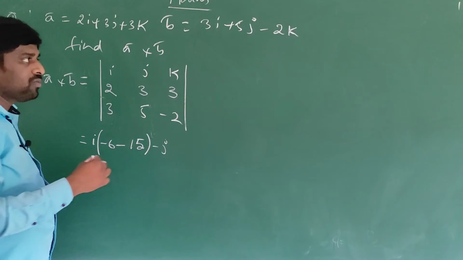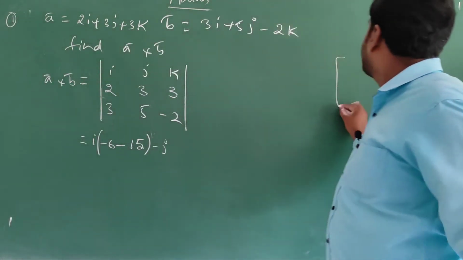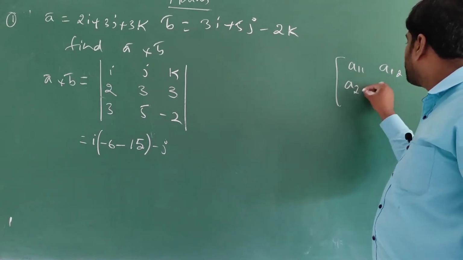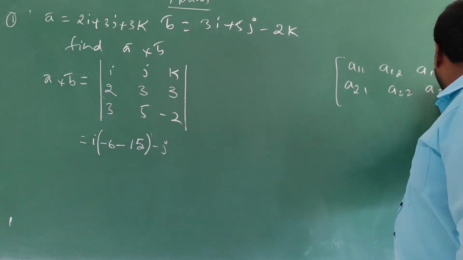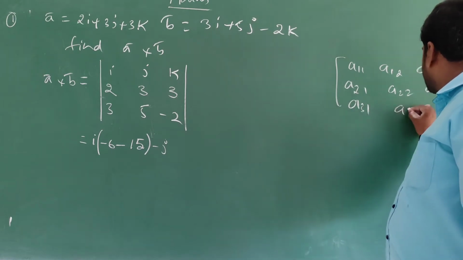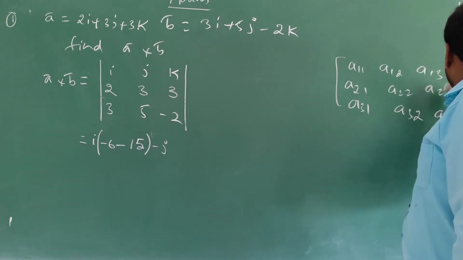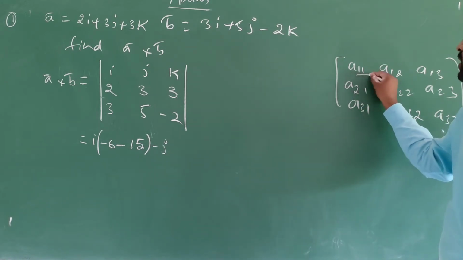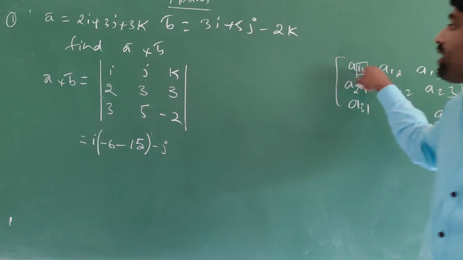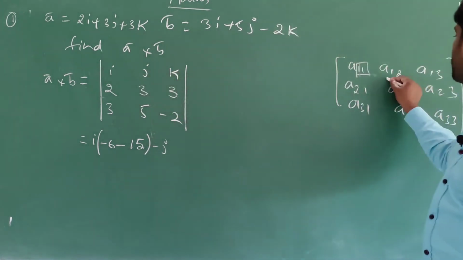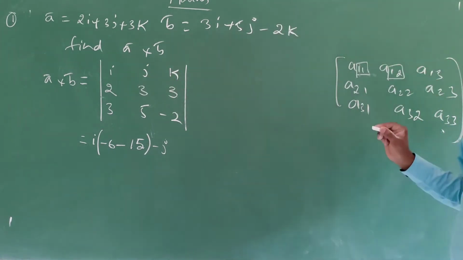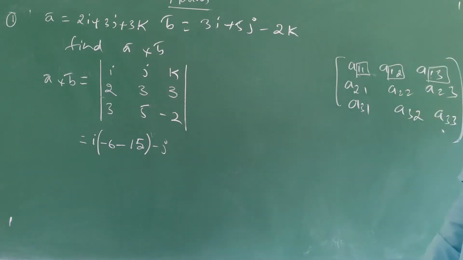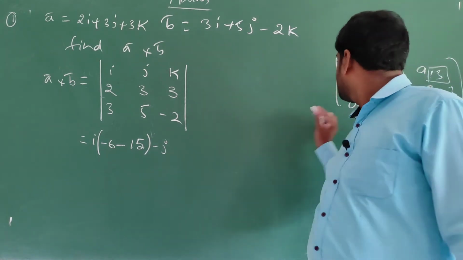In matrices we have A11, A12, A13, A21, A22, A23, A31, A32, A33. For 1 plus 1, which is 2, an even number, you take plus. For 1 plus 2, which is 3, an odd number, you take minus. 1 plus 3 is 4, even, so plus.